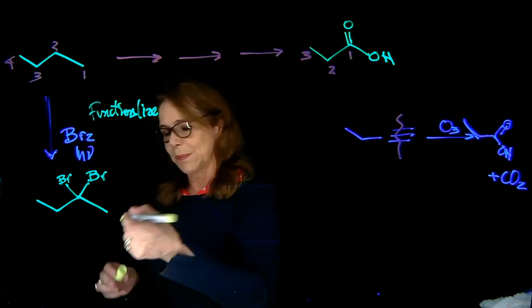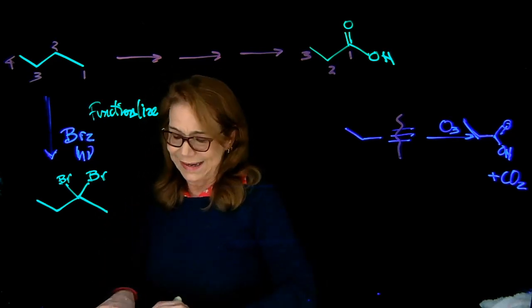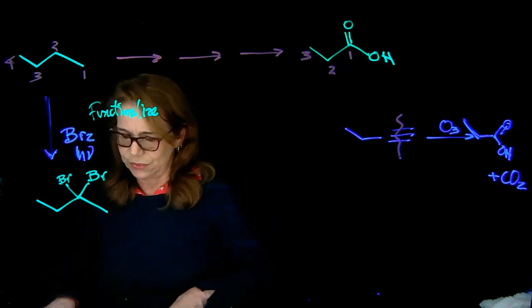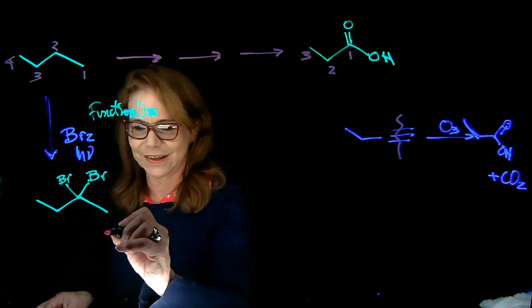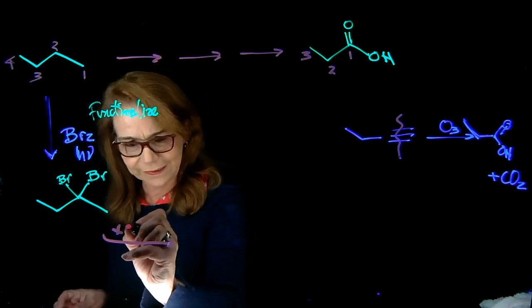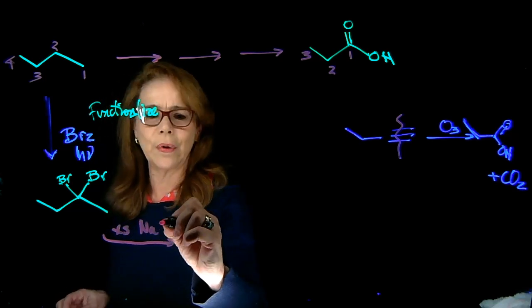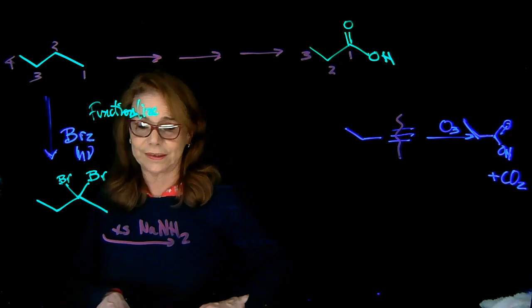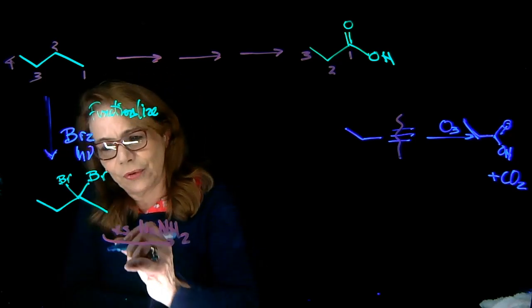And here, if I use an excess of sodium amide, let me do that in another color. If I have an excess of sodium amide, I will do 2 consecutive E2 reactions.